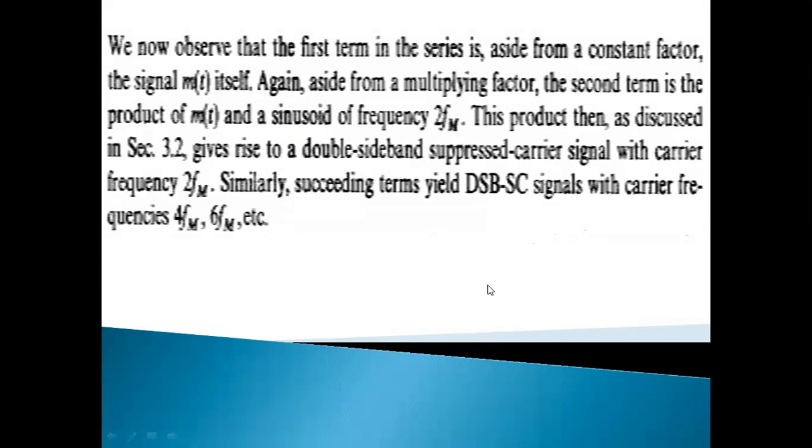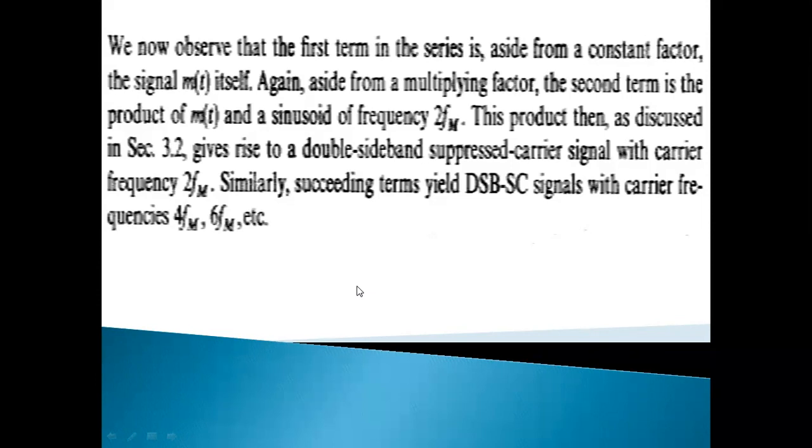This product, as discussed earlier, is a double sideband suppressed carrier signal with the carrier frequency 2fm. The spectrum is double sided, that is why it is DSBSC.